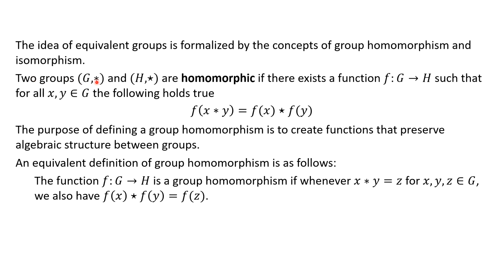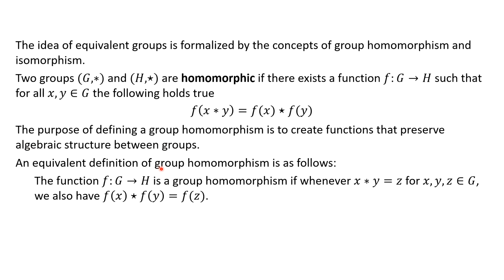Two groups, G and H, you notice they have different operators, are homomorphic if there exists a function f from G to H such that for all x and y in G, the following holds true. f of x times y, using the operation from G, equals f of x times f of y, using the operation for H. The purpose of defining a group homomorphism is to create functions that preserve algebraic structure between groups.